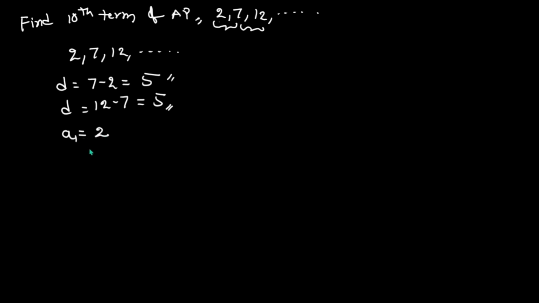That is A1. A1 is 2. Earlier I said, when you are finding the nth term, you need to add n minus 1 common differences to the first term, right? n minus 1 common differences to the first term.